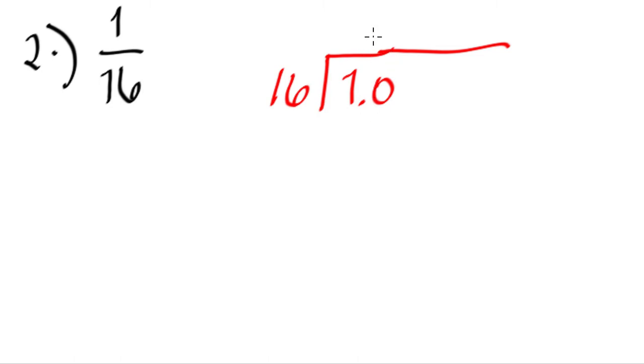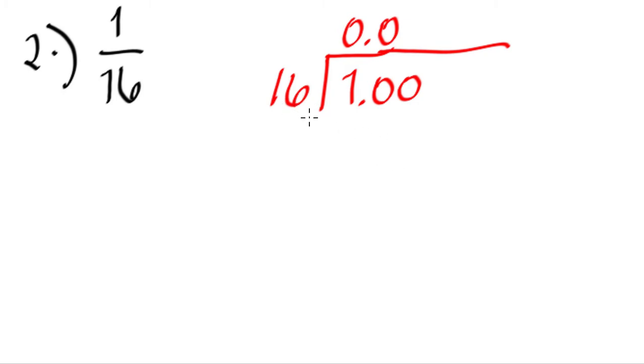And if you want, we can already put a 0 here so that we won't get mixed up in our quotient later in our decimal points. So, 0 point. Now 10 divided by 16 still cannot be done, so we add another 0. 100. How many 16s are there in 100?